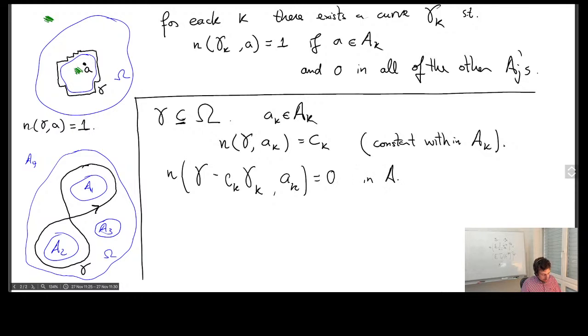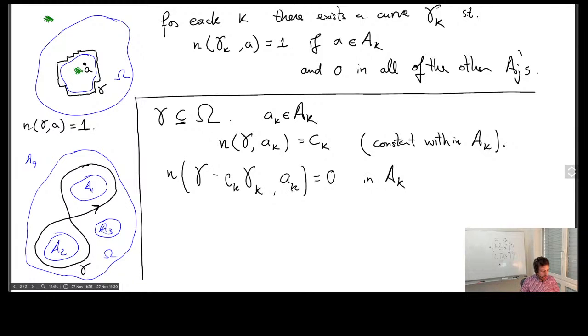Remember how I constructed gamma K: it was the curve whose winding number around AK was 1 and 0 everywhere else. And so if I subtract CK gamma K from my curve, my winding number around AK is 0, because it was CK, and in the other one was CK times 1.